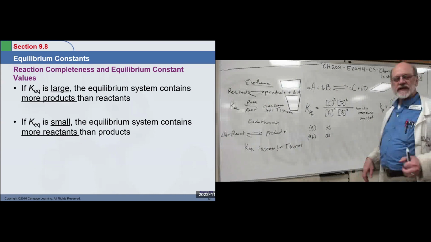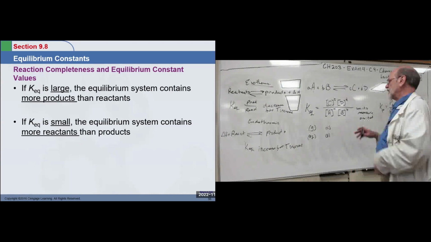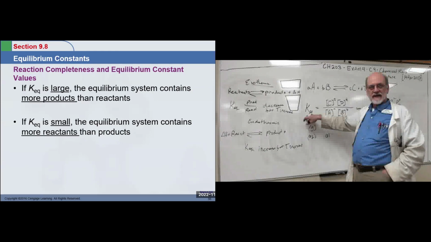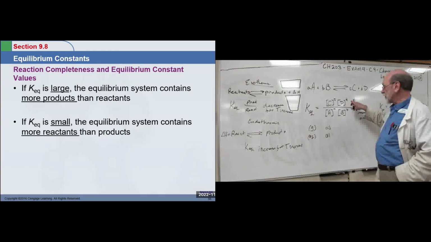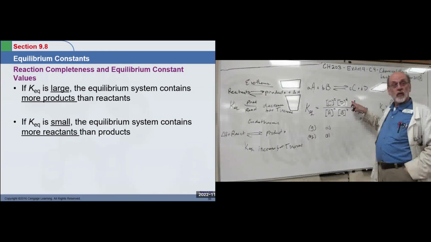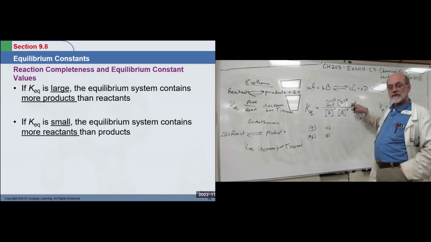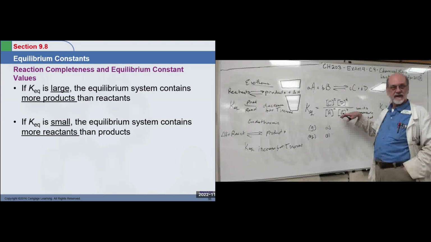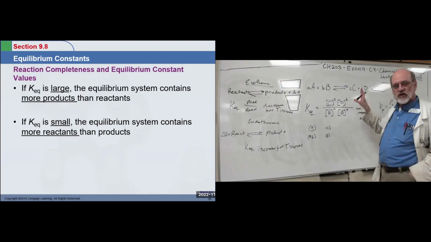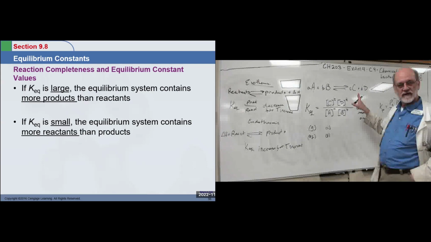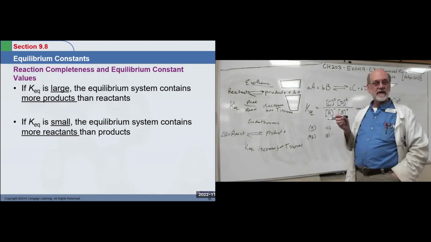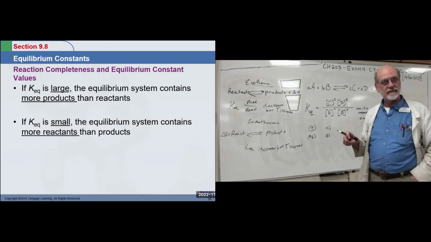Now, other things we can tell about the KEQ. If the KEQ is very large, then we know that the reaction goes more completely toward products because the numerator would be large in order to make the KEQ large, and the denominator would be small. So a large KEQ means products are favored. A small KEQ means just the opposite. Reactants are favored.